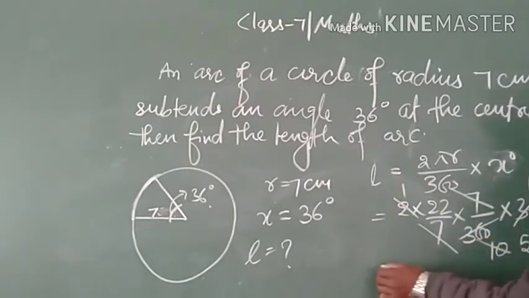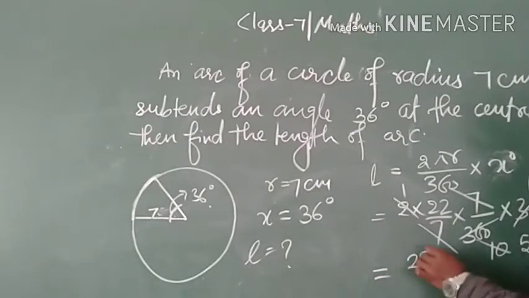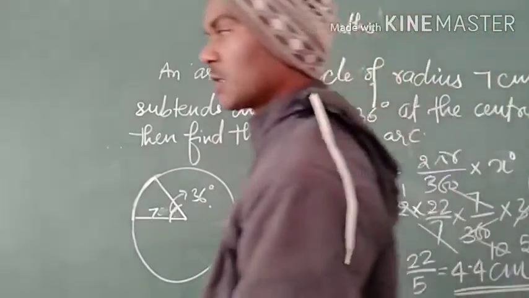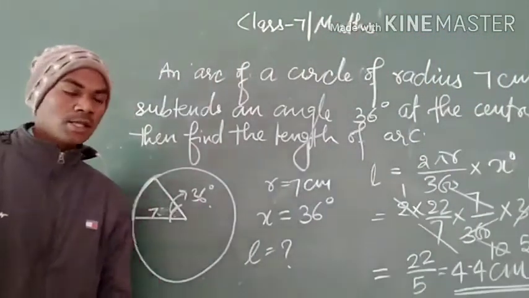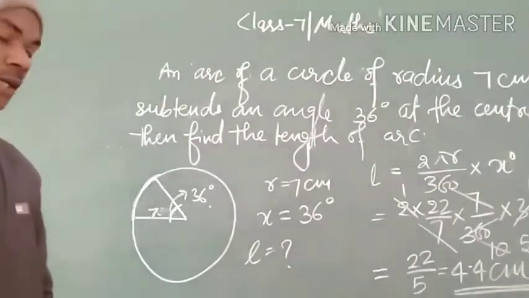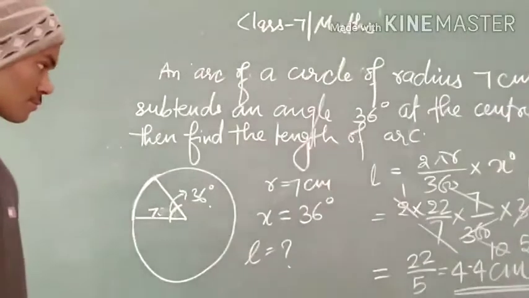So at last we get 22 upon 5. 5 4 are 20, so we get 4.4. Therefore the length of the arc is 4.4 centimeter, which is the right answer.